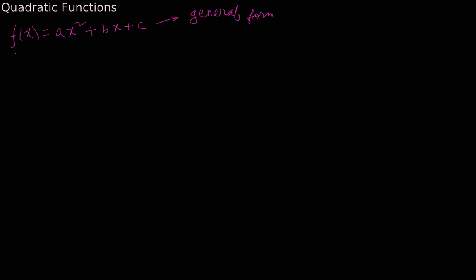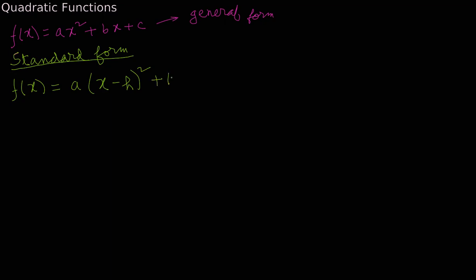So let us see what the standard form is. The standard form of any quadratic function is f(x) = a(x − h)² + k. Okay, so this is the standard form of any quadratic function.